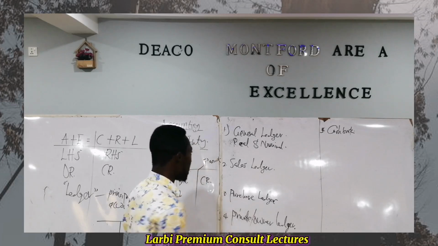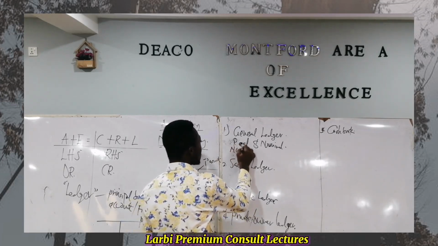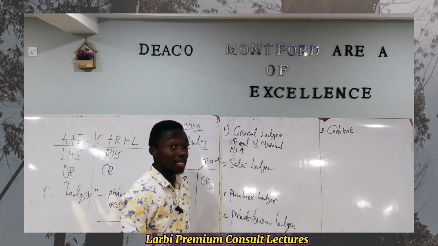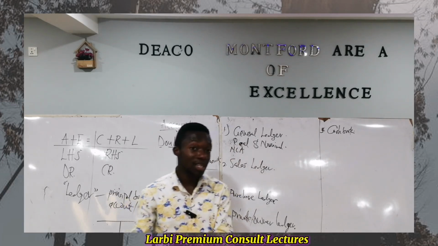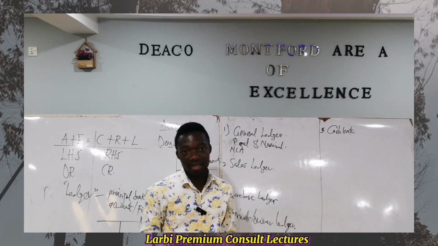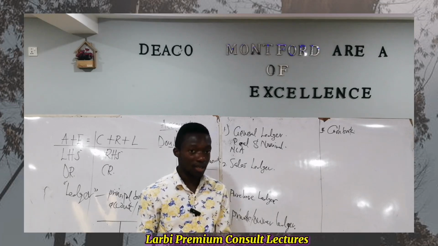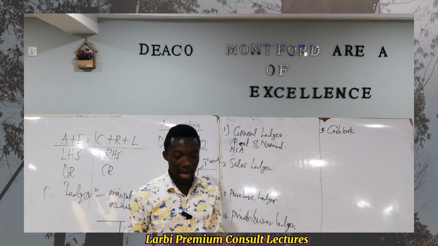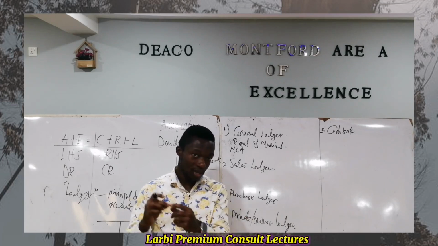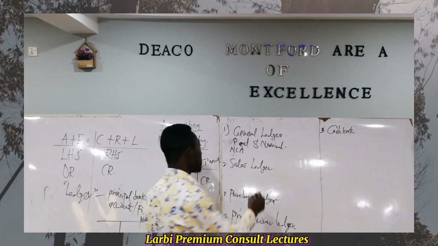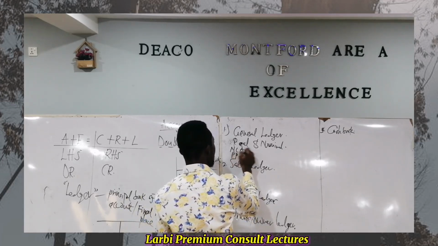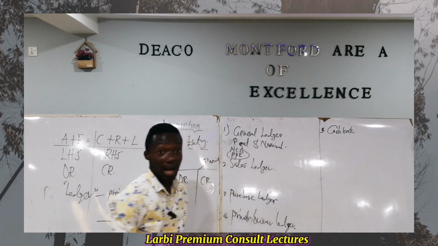Issues like non-current assets will be factored in the real account. Non-current assets like property, plant and equipment are tangible assets and will be taken care of in the real account. So once you hear of PPE, then it must be factored in the real account.